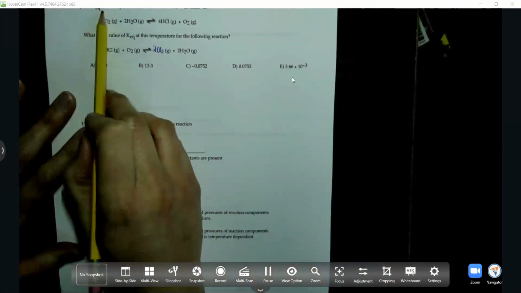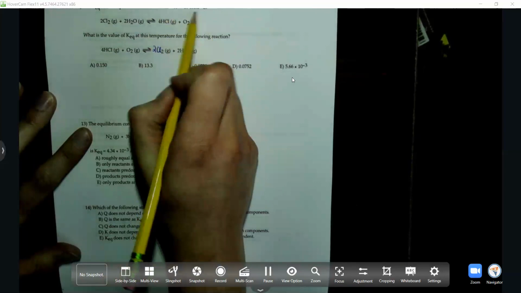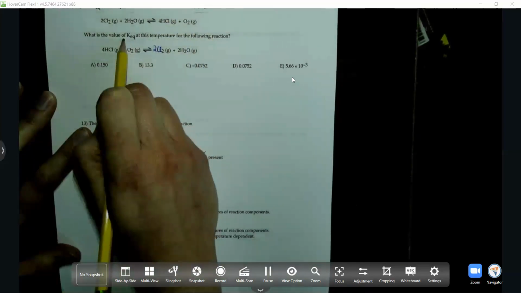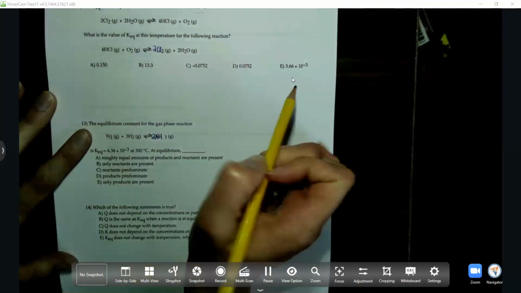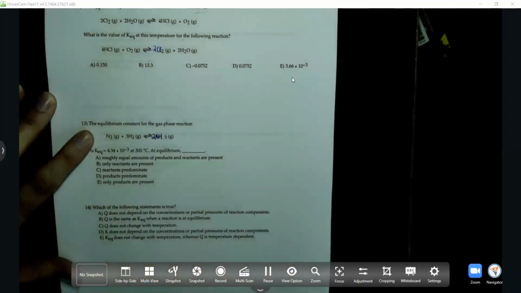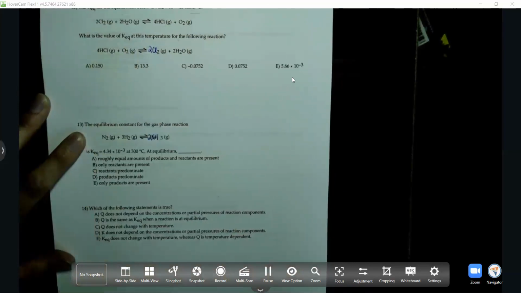So the KEQ for the equilibrium below is 7.52 times 10 to the negative second at this temperature, and it wants the KEQ at the same temperature for the following reaction. If we know the KEQ for a reaction, and we do something like reverse the reaction or multiply the entire reaction by an integer, we can find the new KEQ.